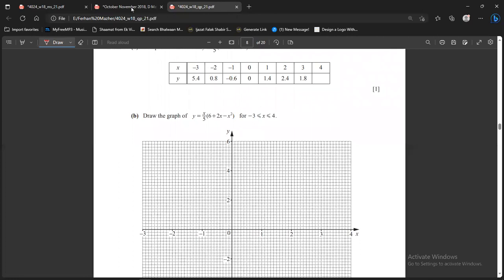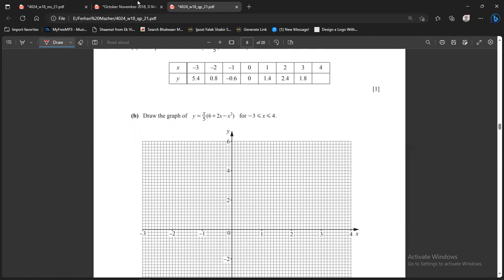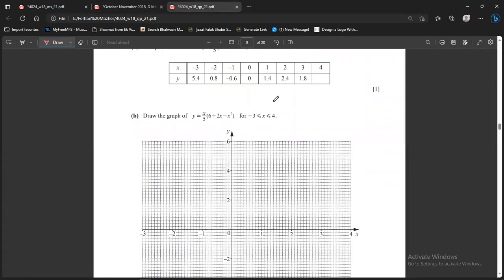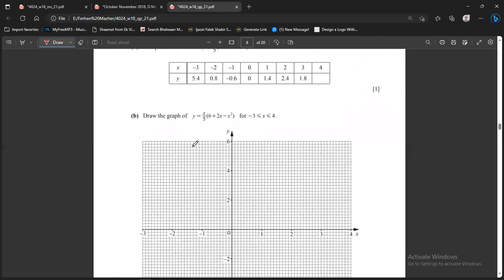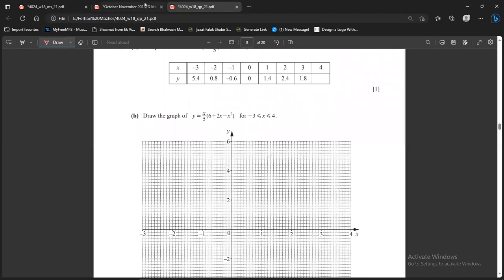At 1, you have 1.4. And what is at 0? At 0, you have 0. Okay, so this point. And at 1, you have 1.4. And then at 2, you have 2.4. And then at 3, 1.8.